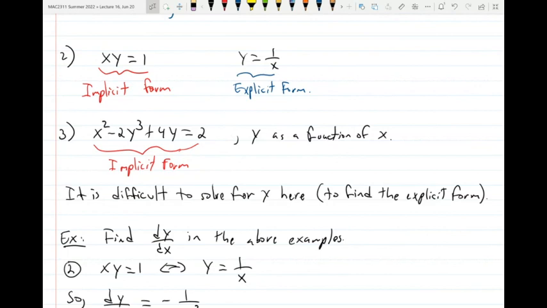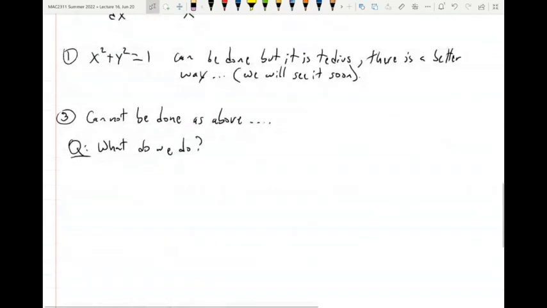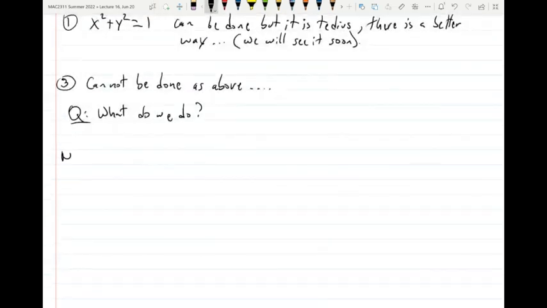Power rule? That's the derivative of x cubed. Now you have y cubed. It's a different story. You understand this? So, for example, let's say that we want to find the derivative of y cubed.